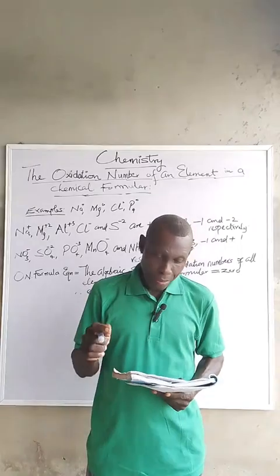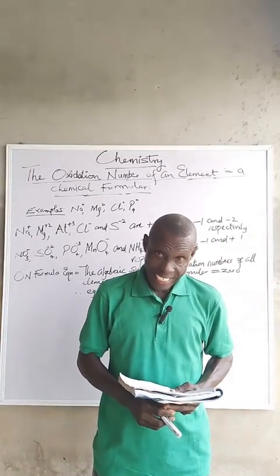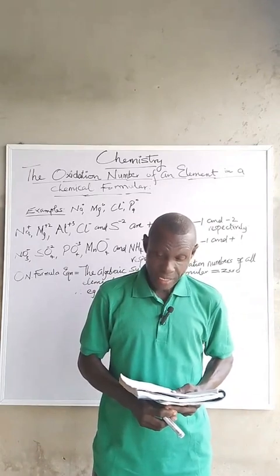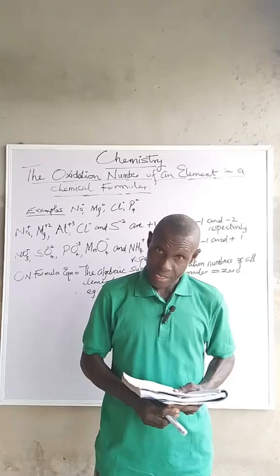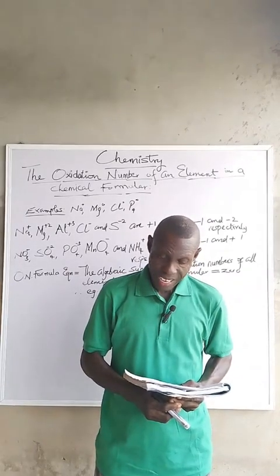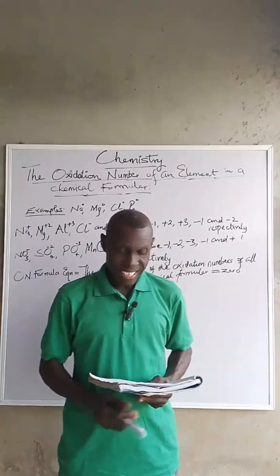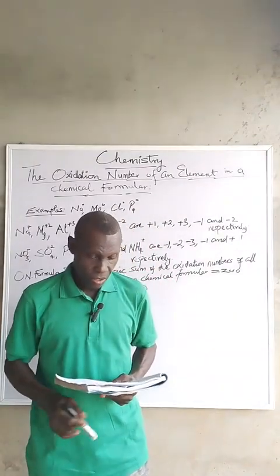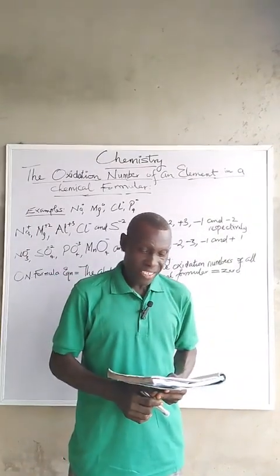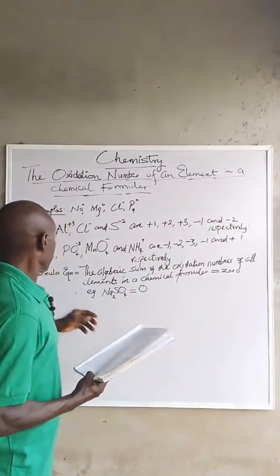The oxidation number of all elements in the free state, that is, uncombined with any other element, is 0. This can be shown as a 0 written as a superscript to the right of its symbol. Examples on the board here.